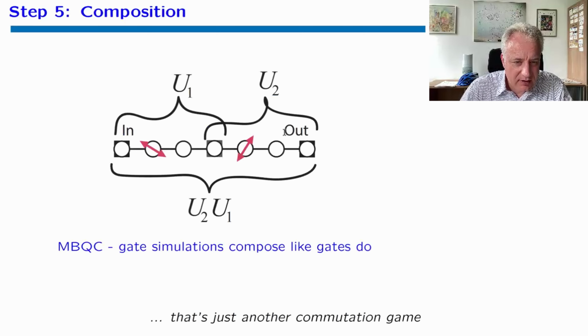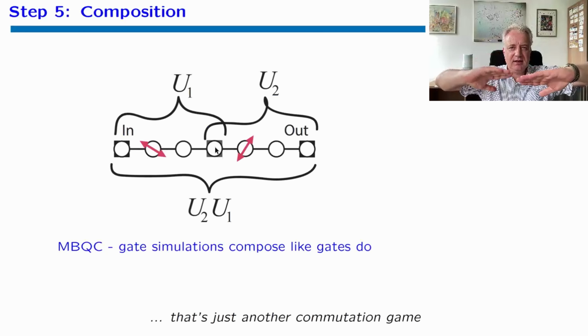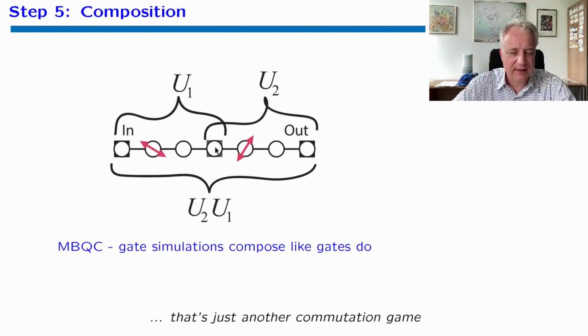Step number 5, composition. What we want to show here is that if we have MBQC implementations of quantum gates and concatenate them, that is, we concatenate the measurement patterns, then this combined pattern executes the combination of the gates. So I have a measurement pattern that realizes a gate U1 and another measurement pattern that realizes a gate U2.